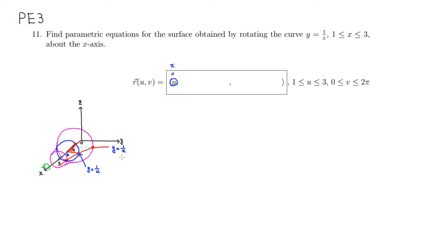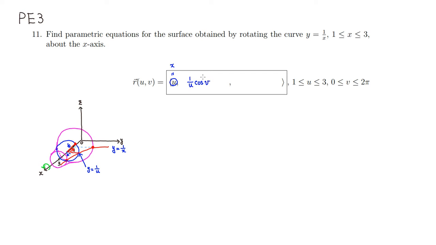So the radius is 1 over u, then the y component is going to be 1 over u, that's basically the radius, times cosine of theta, or actually we should use v.